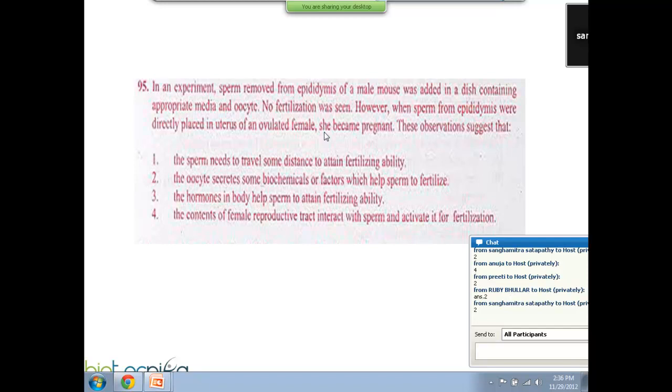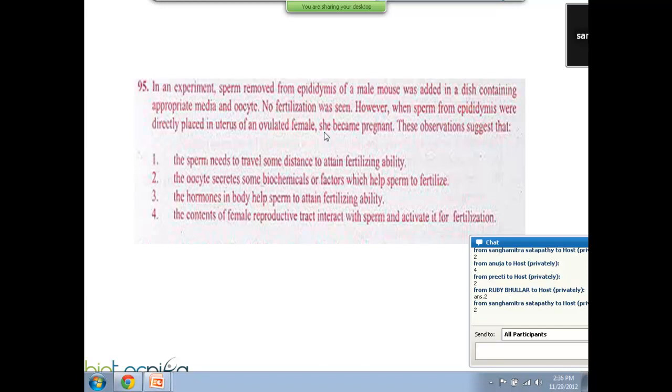Okay, we know that there are so many obstacles. Among that 1,000 in the fallopian tube, all of them will be activated. All of them will undergo capacitation. Among those capacitated 1,000 sperm, only 10 or 15 will reach the ovum. Among those, only 1 or 2 sperm will cross your corona radiata.